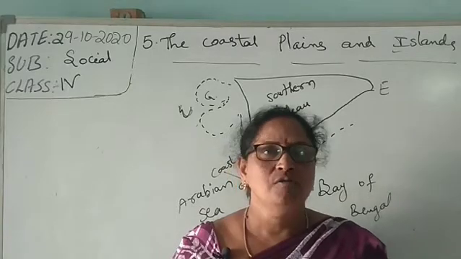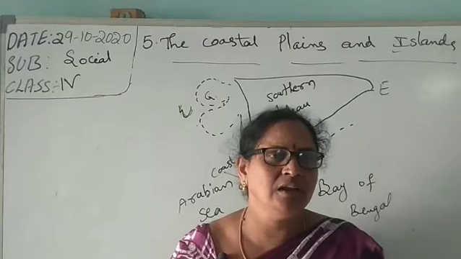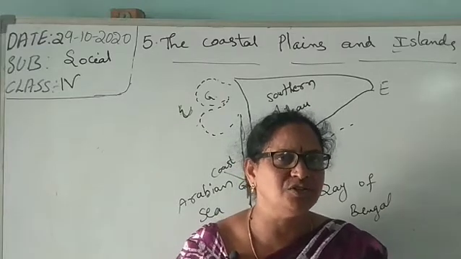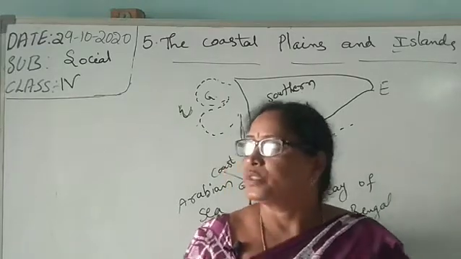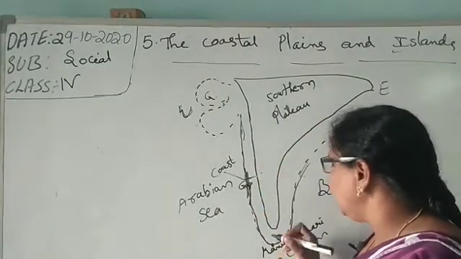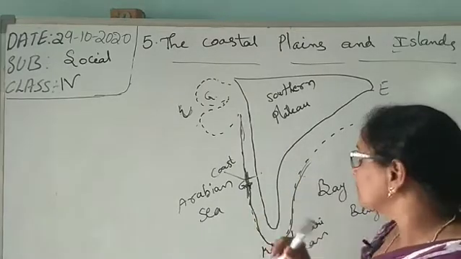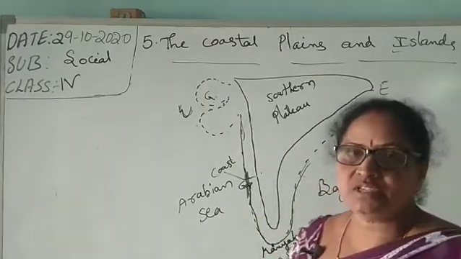They use only coconut oil for cooking. Coconut trees, banana trees, cashew nuts, cloves and pepper grow very well there. Okay, it ends at Kanyakumari, the southernmost tip of India, and then it goes to the eastern coastal plain.